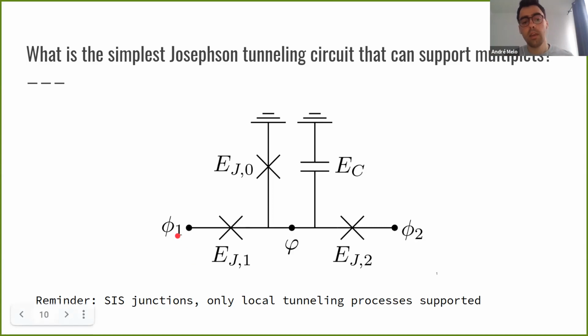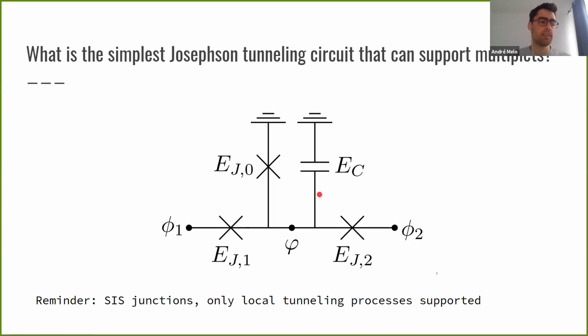We have the left terminal, right terminal, and the grounded terminal, and a central superconducting island. This island is connected to all terminals through a Josephson junction. And we've also added a capacitive element, some charging energy, to the superconducting island.